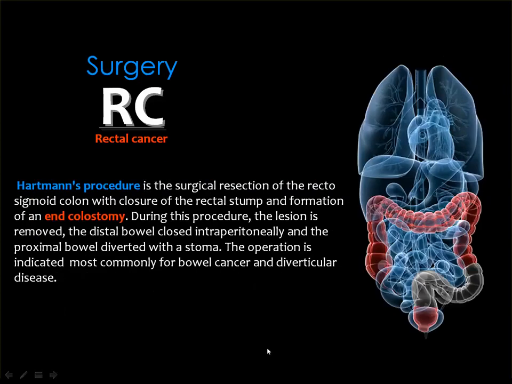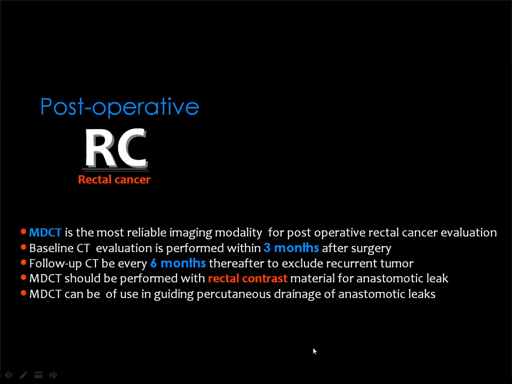Then the third type of operation is known as the Hartmann procedure, and there is surgical resection of the rectosigmoid with closure of the rectal stump and the temporary colostomy. And you remove this area shaded in gray, and the rectum will be sutured, and there should be a colostomy, and this operation is indicated for bowel cancer and diverticular disease.